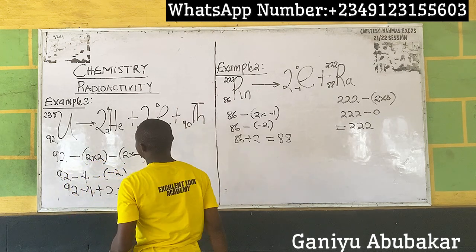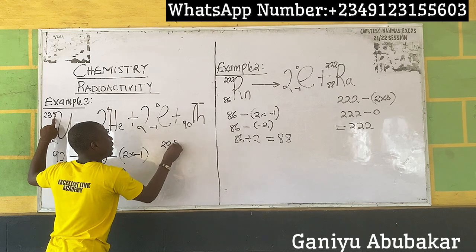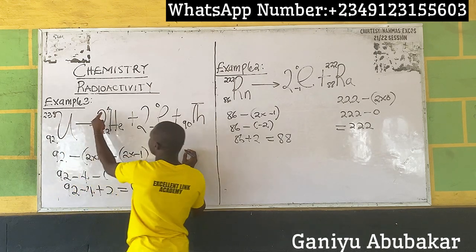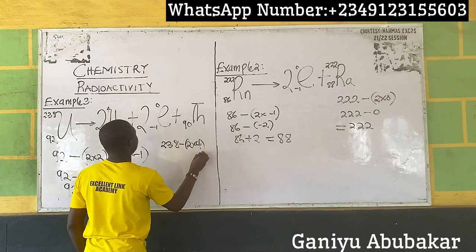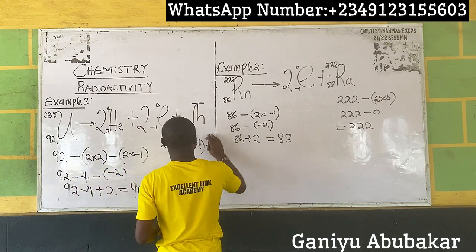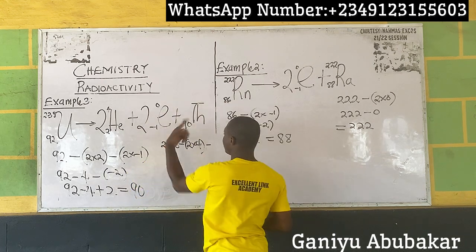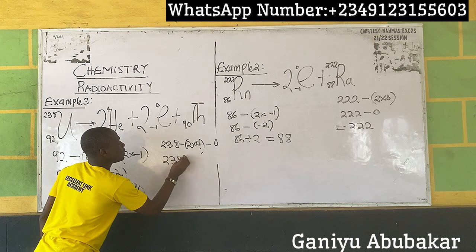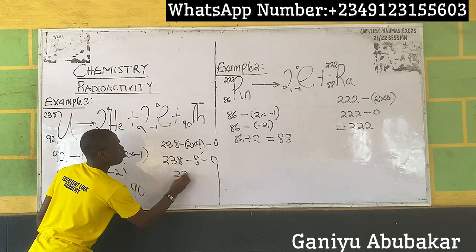Let's get the mass number. That becomes 238 minus 2 times 4, minus 2 times 0, which is 0. So this gives 238 minus 8 minus 0, which gives 230.